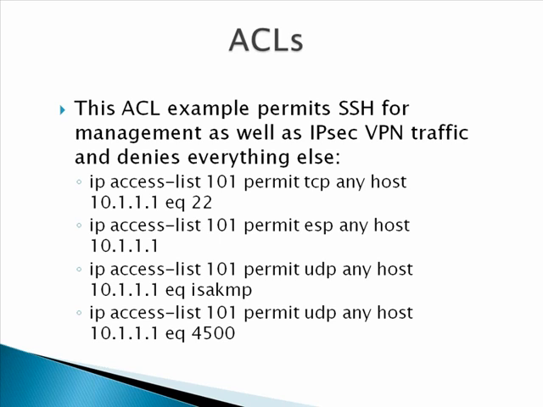So you can see that we are permitting TCP port 22, so the standard SSH port. We're permitting ESP. We're permitting UDP port 500 or ICMP, and we're permitting NAT translation, NAT-T for VPN, and that's it. The implicit deny is going to take care of everything else.